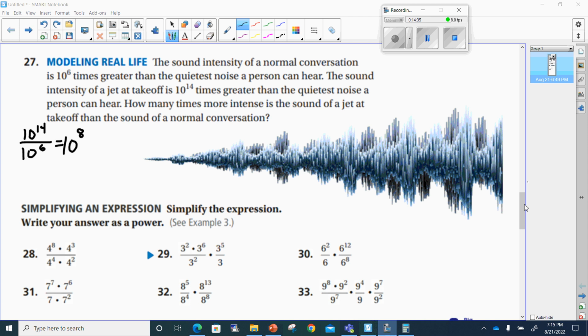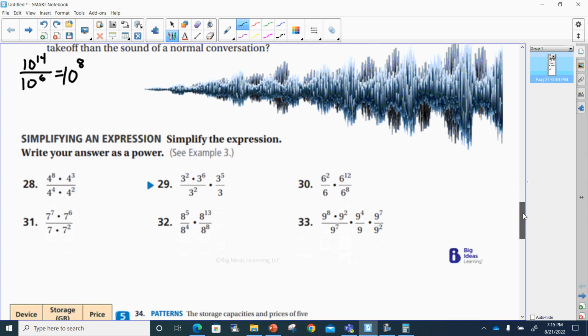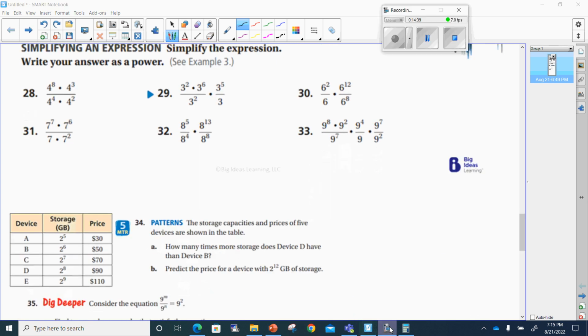All right, let's go to number 29. Number 29 says we're simplifying the expression. Looks like we're multiplying on the top and the bottom. Remember, as long as we're multiplying, we just add all those exponents. 2 plus 6 is 8. 8 plus 5 is going to give us 13.